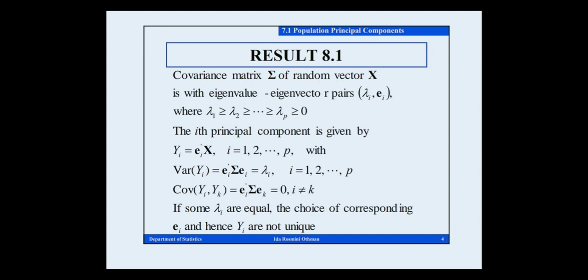Kalau we have two principal components, so you akan ada y1 dengan y2. So y1 dengan y2 ni, variance of y1 will be actually the value of the first lambda 1 ataupun first of eigenvalue. Variance of y2, which is the variance for the second principal component, will be the lambda 2.